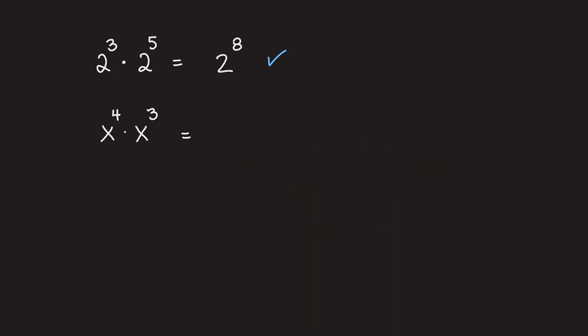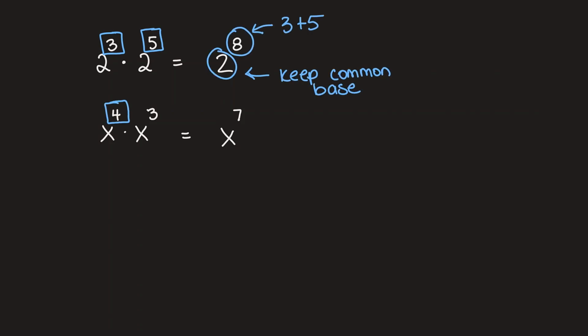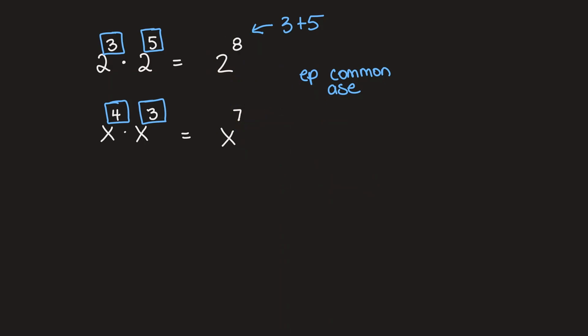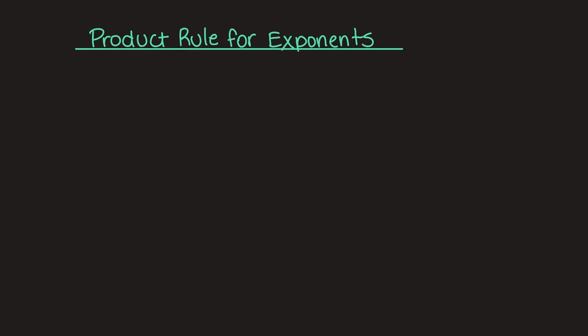Therefore, x to the 4th times x to the 3rd is the same thing as x to the 7th power. So if you haven't noticed, there's actually a shortcut to this. You can actually get the same answer by simply adding their exponents while keeping their common base. This property is known as the product rule of exponents.